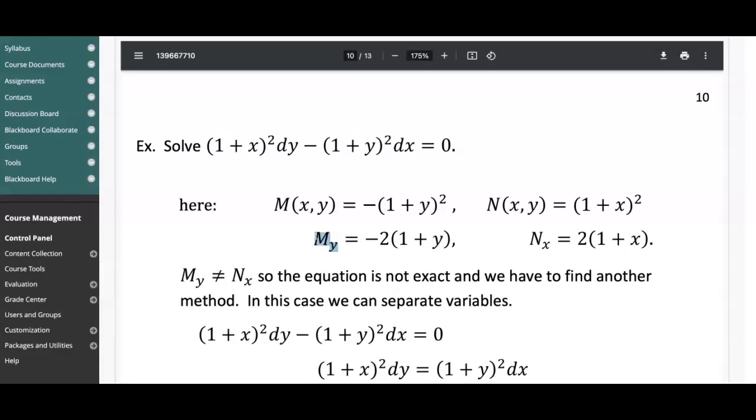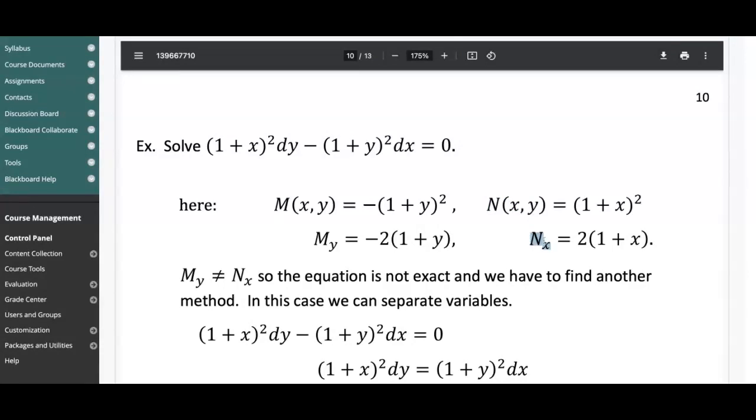So we differentiate partial M, partial y. We differentiate function M in terms of y. What was it again? Negative 2 times 1 plus y. Function N, we're taking the partial derivative with respect to x, because this is partial f, partial y.